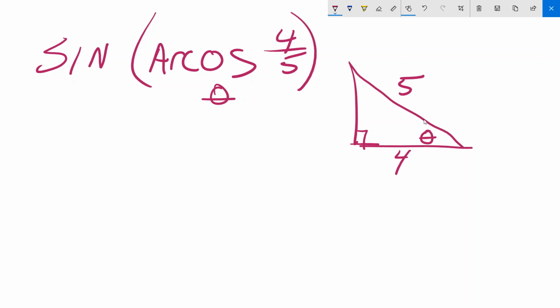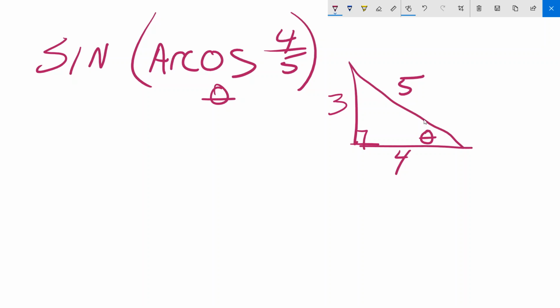Is it a 3, 4, 5? What is it? Okay, that makes that side 3. Or that side is the square root of 5 squared plus 4 squared. Excuse me, it's the square root of 5 squared minus 4 squared, which gives you 3 also.